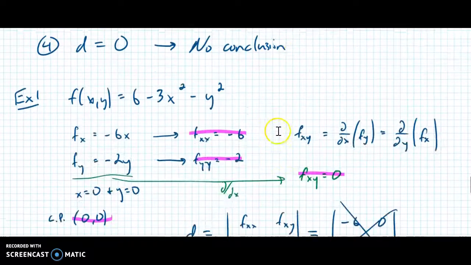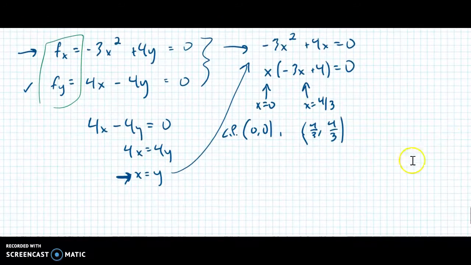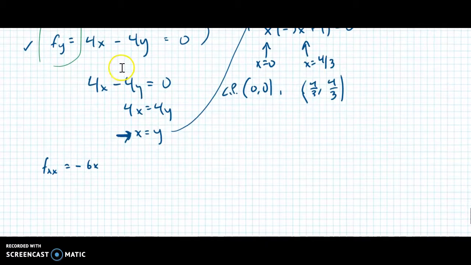Okay, so now I've got to calculate the second partials. f_xx is just equal to negative 6x. f_yy, the partial of this with respect to y, is just negative 4. Is that correct? Yep.